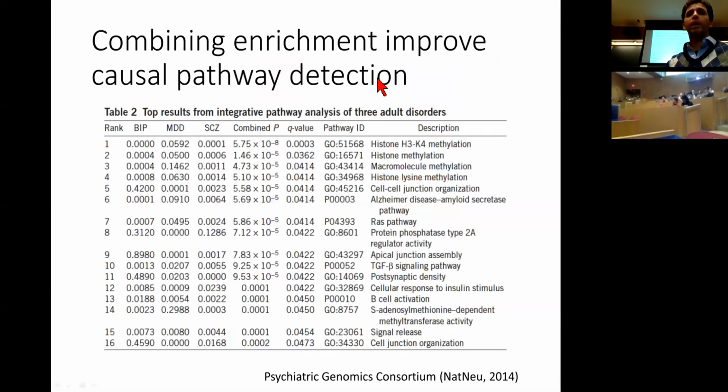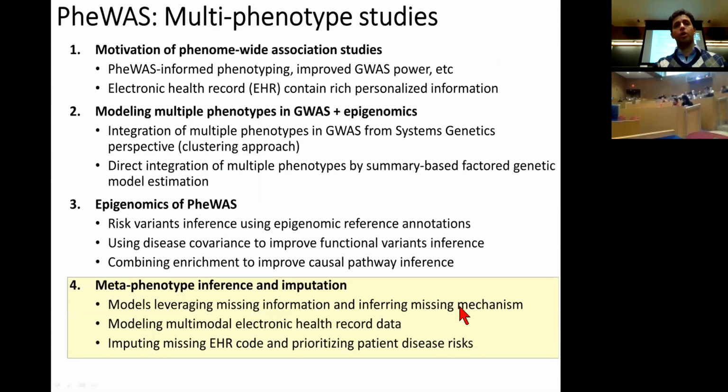Combining these enrichments improved the causal pathway detection. Any one trait in isolation was insufficiently enriched, but when you combine multiple traits by working with the Psychiatric Genomics Consortium, you see a lot of these pathways are now becoming genome-wide.